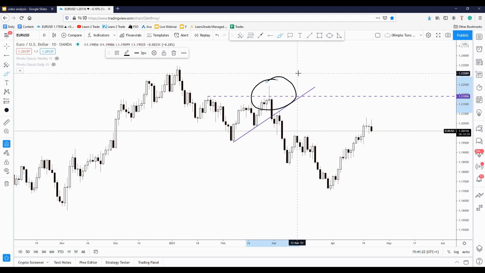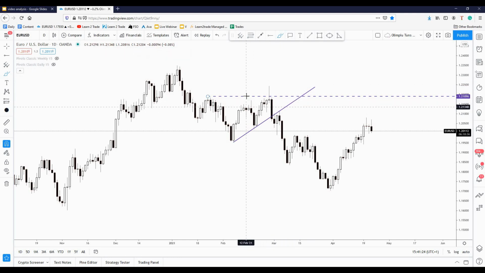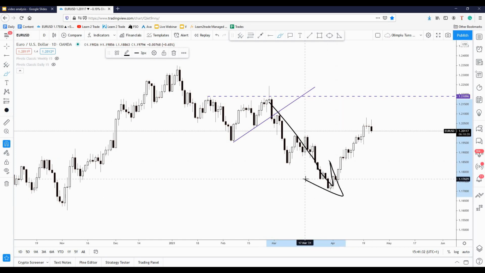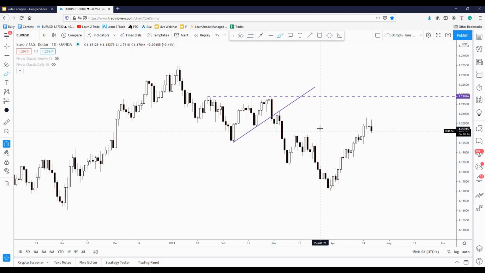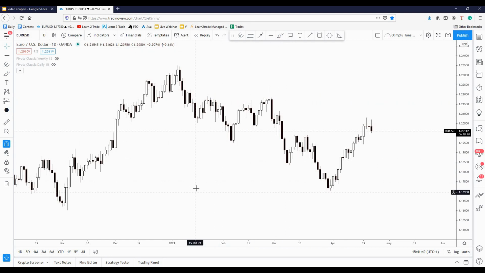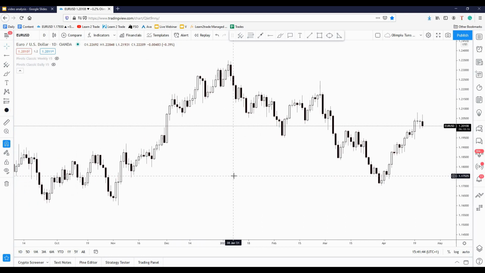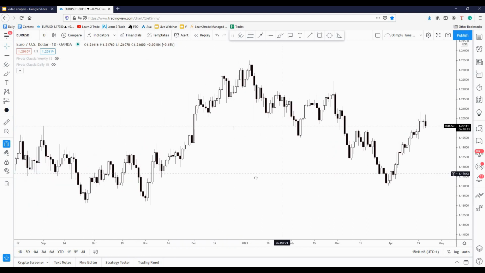So this false breakout with great separation above this former high has signaled that euro versus the US dollar will drop again. So as you can see, you can use this pin bar as a reversal pattern, as a reversal signal, as a selling signal and opportunity.